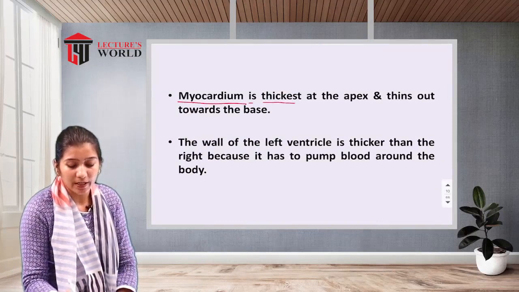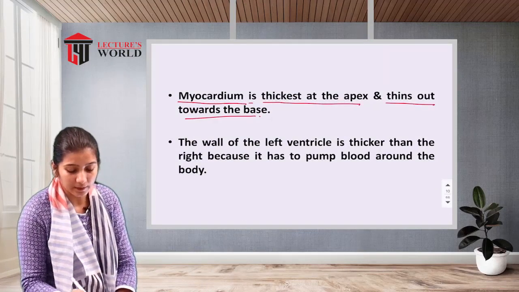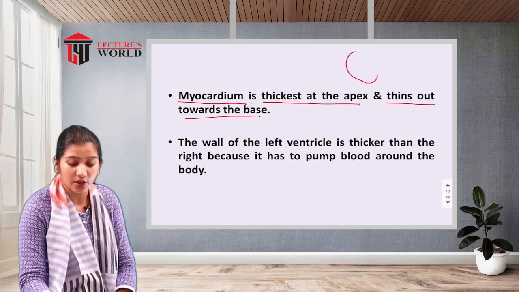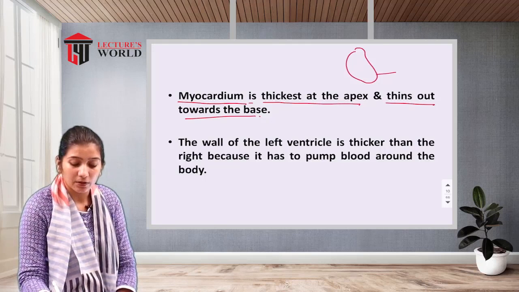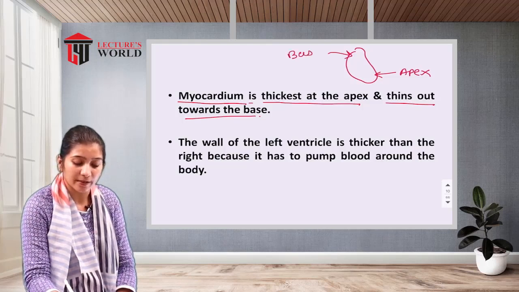Myocardium is thickest at the apex and thins out towards the base. As we have seen in the structure of the heart, the lower portion is known as the apex and the upper portion is known as the base.